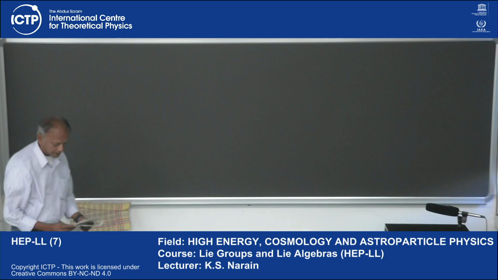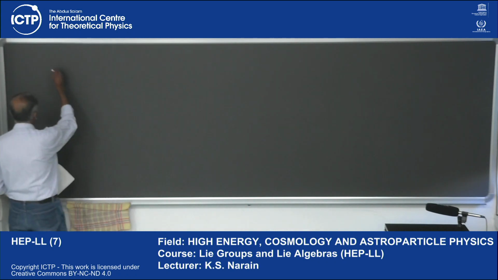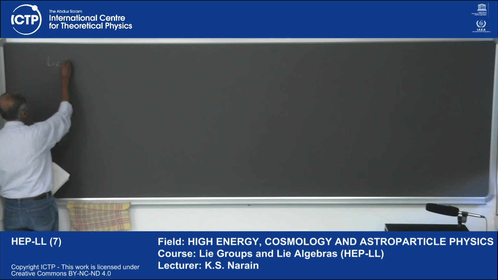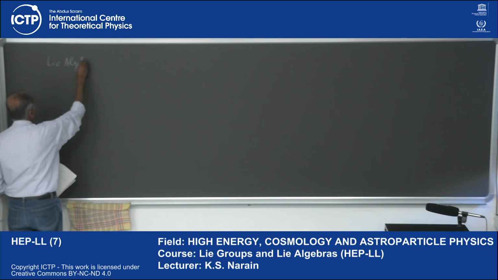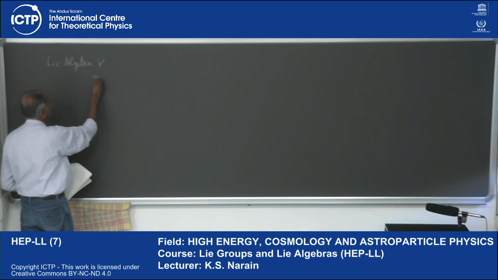So first of all, again, let me just talk about the representation again. So a representation was a map from the Lie algebra V, which is a vector space, together with the commutation relations.